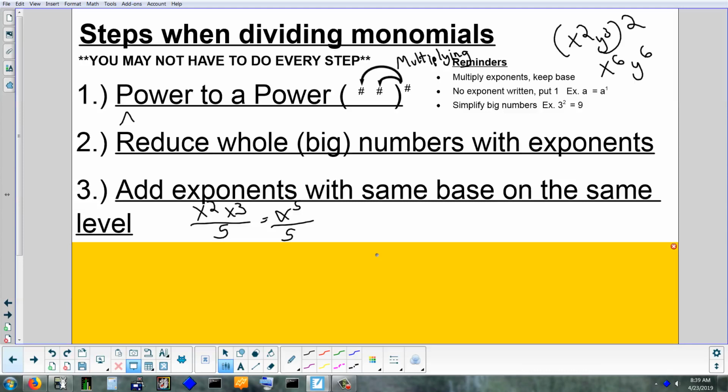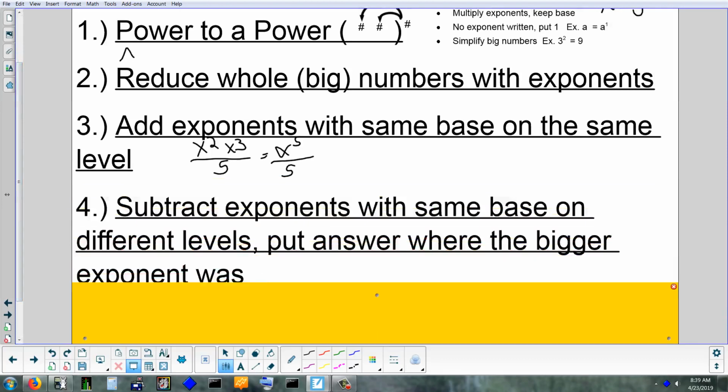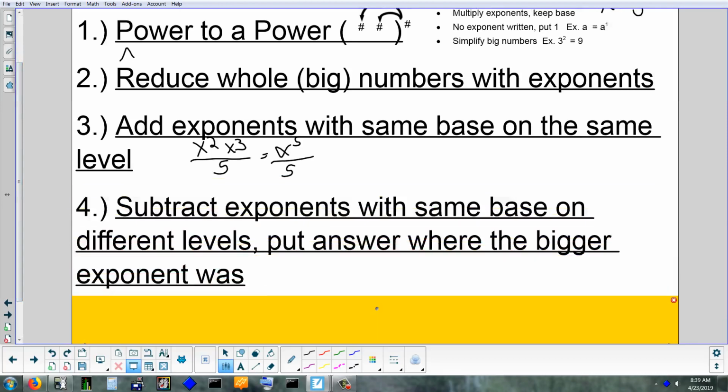And guys, tomorrow, like Mr. Hager said, we're going to talk about negative exponents. So tomorrow we're only going to add 1 step to this list. This is a step that we talked about today. We're going to subtract exponents with the same base on different levels.